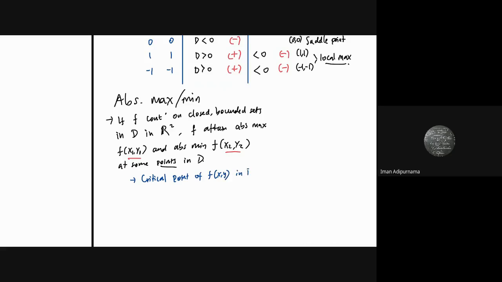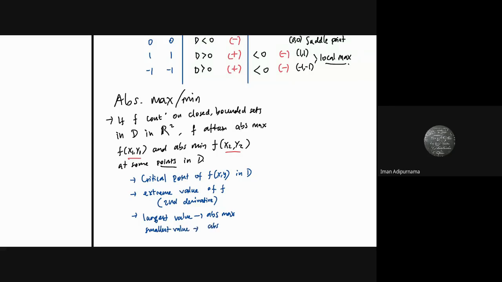Second, the extreme value, meaning we need to take the second derivative test to distinguish which one is local max, which one is local min, and which one is the saddle point, and evaluate. Then if you have the largest value, this will be your absolute max, and if it is the smallest value, this will be your absolute min.